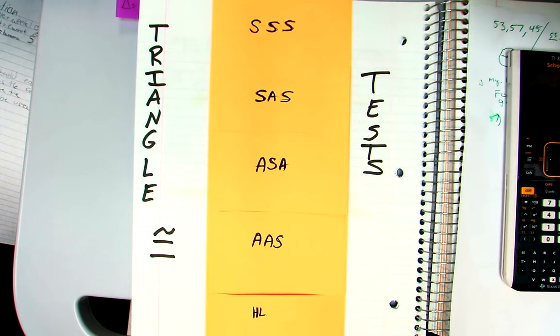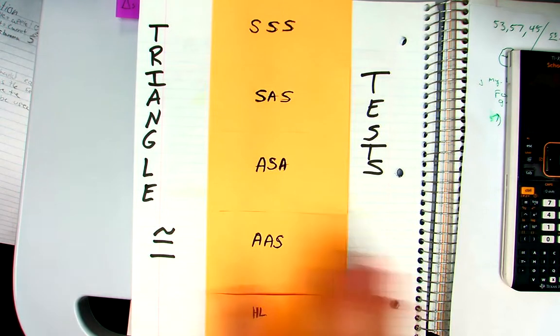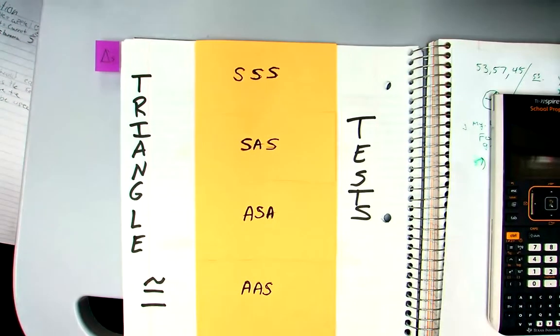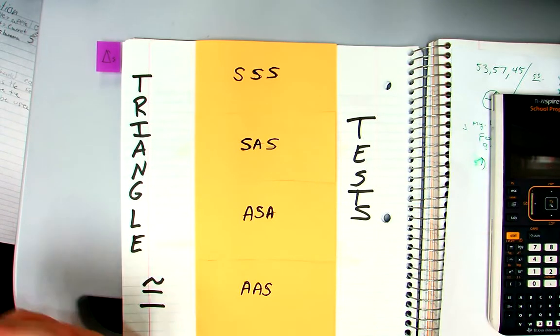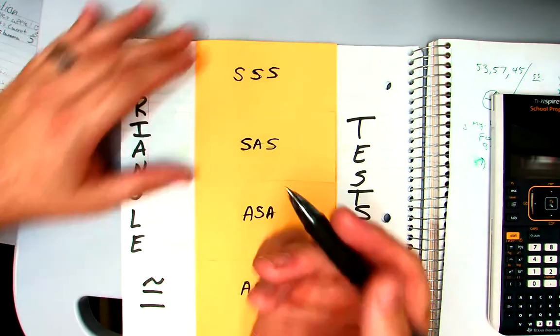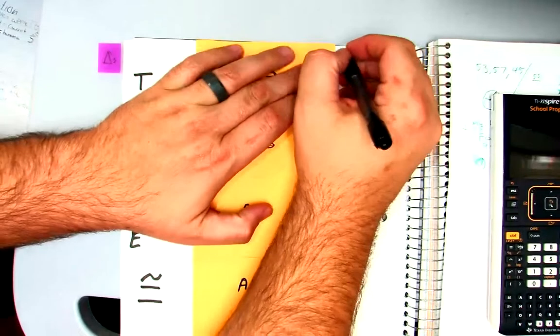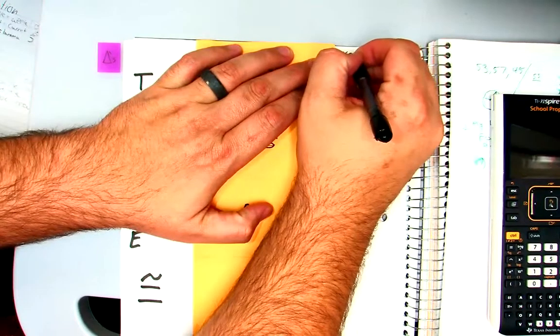Well, it turns out that it doesn't matter as much. And what we're going to do is define these tests, and then start looking at different ways and examples of what we're going to do with these tests. So the first test, SSS, I'll put up here kind of like a key.